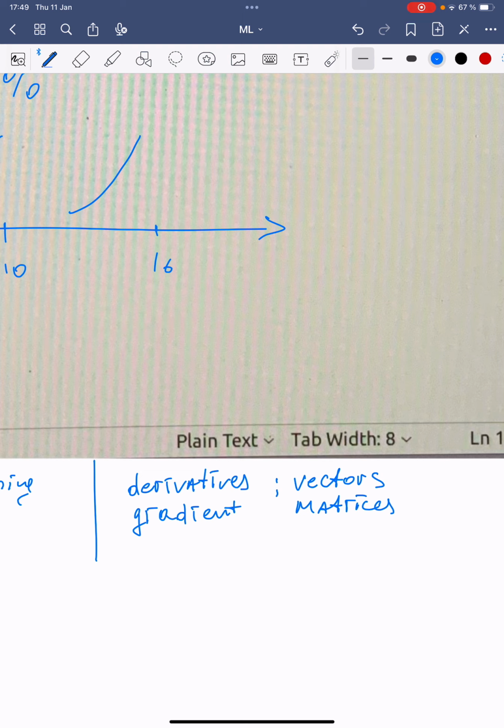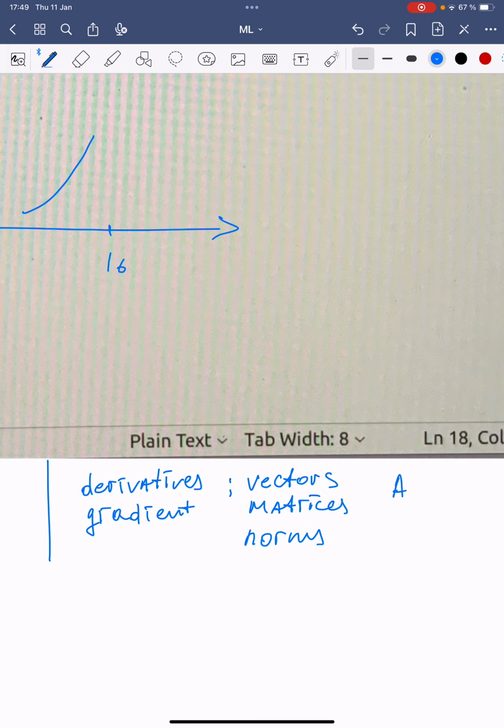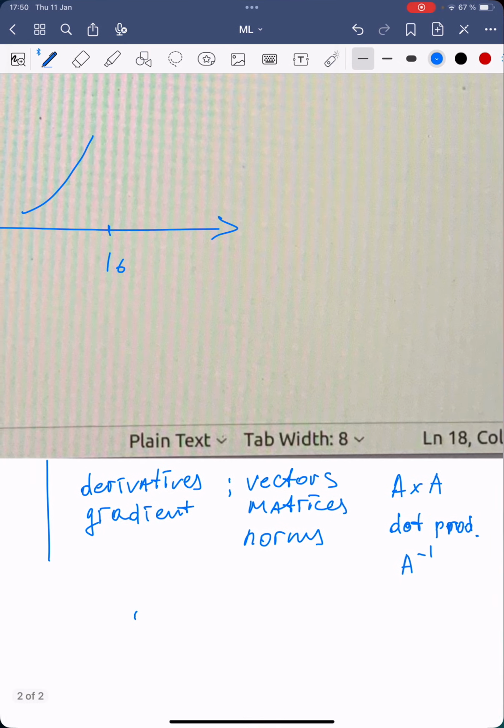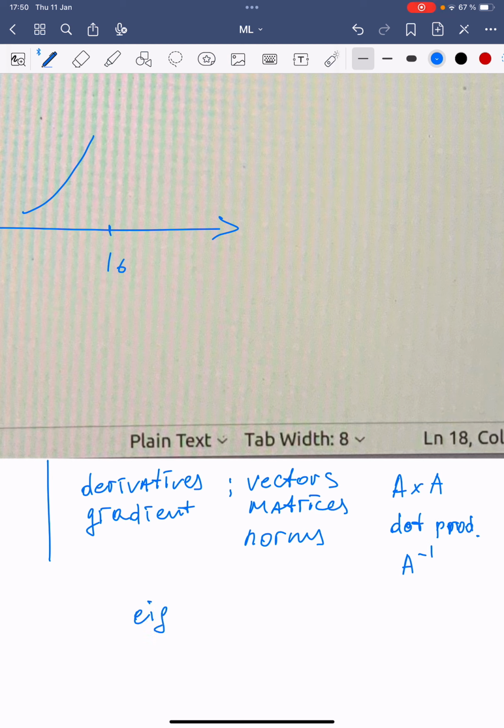We're going to need norms, how to multiply matrices, dot product, how to invert a matrix, and what are eigenvalues and eigenvectors.